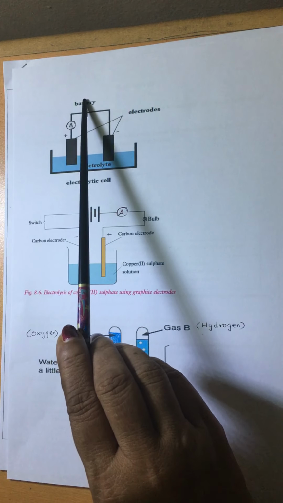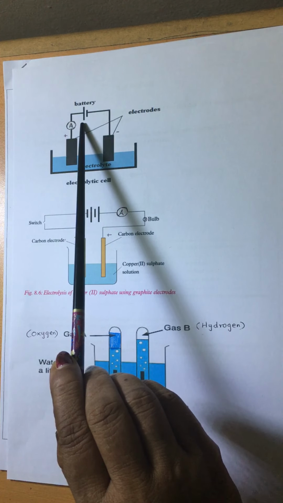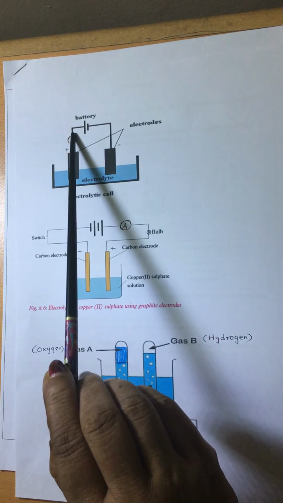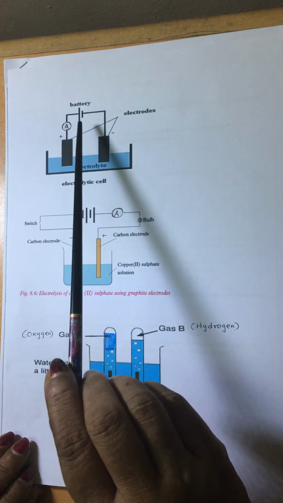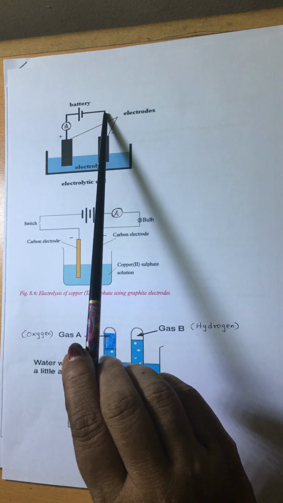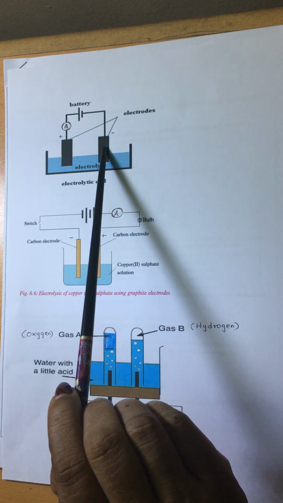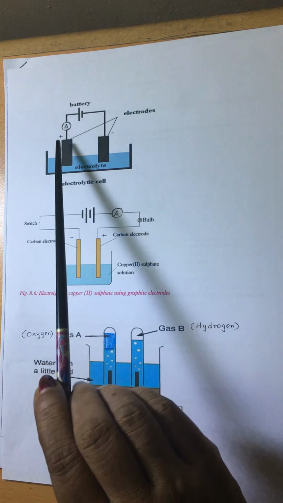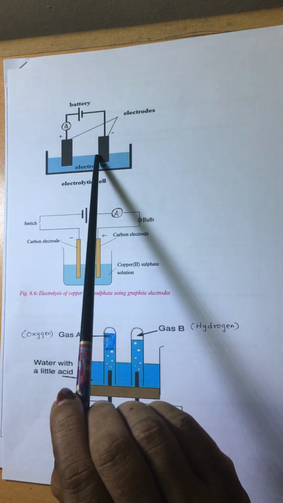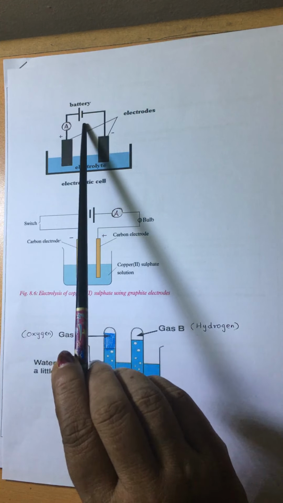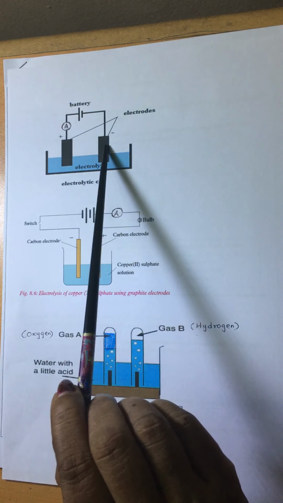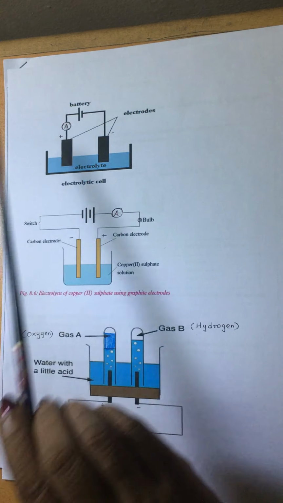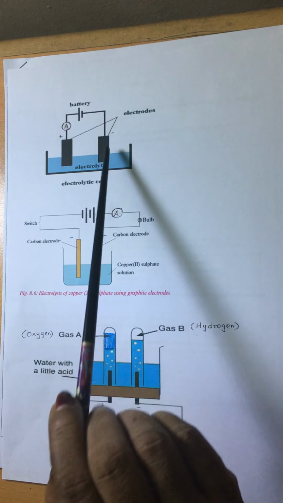So the positive terminal of the battery is connected to the positive electrode. In the same way, the negative terminal of the battery is connected to the negative electrode. Positive to positive, negative to negative. So from these terminals of the battery you can identify the positive electrode and the negative electrode.